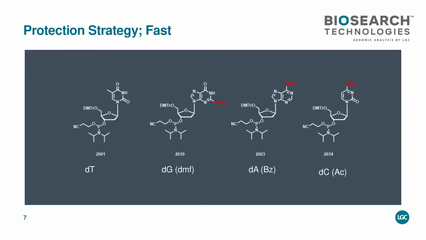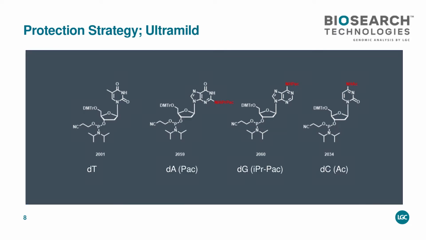The first one, the dG is with a DMF, the dA stays benzoyl, and the dC is Ac. There is also the UltraMild. Here we speak about the Pac for the A, isopropyl-Pac for the dG, and still acetyl for the dC.